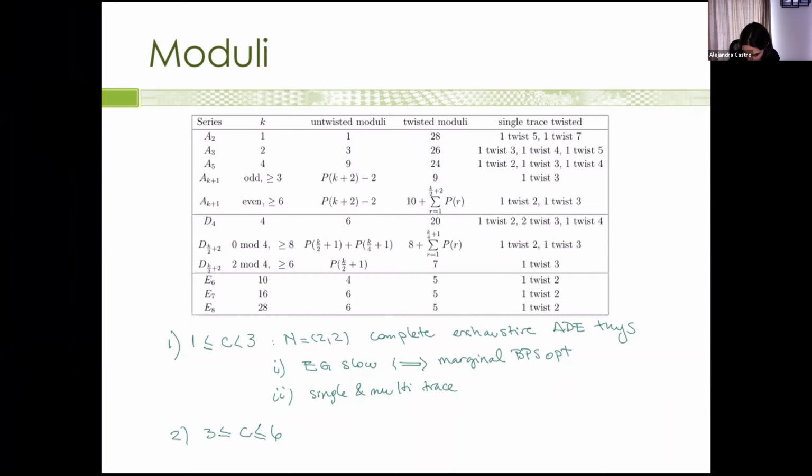But within the fast examples, there existed, not always, a marginal operator that is BPS. This tells us that the requirement of a marginal operator does not necessarily imply that the elliptic genus will be slow. It seems this condition is stronger than that one, because we have a counterexample where you have a marginal operator, but it's in the fast category.